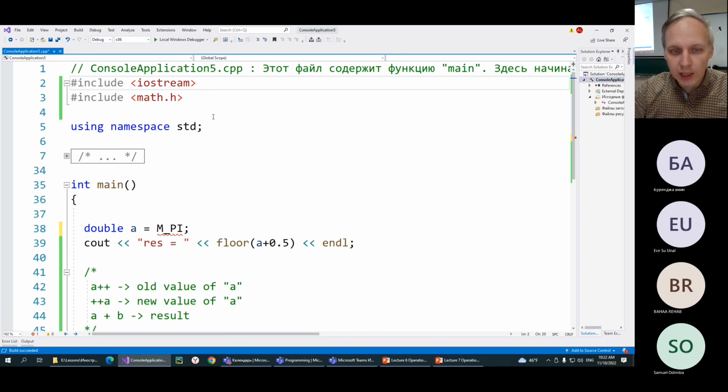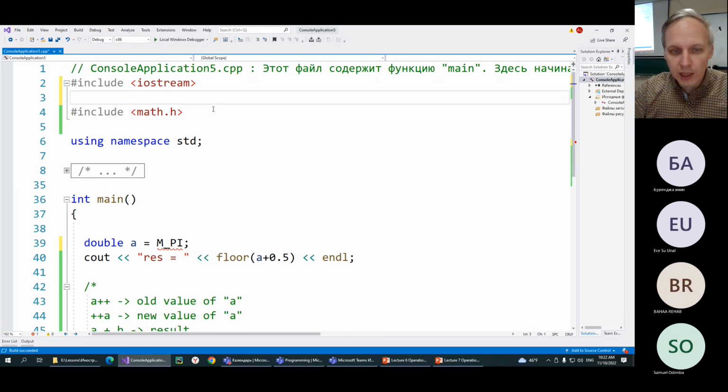To use this constant as the number pi, I should write a magic line, define _USE_MATH_DEFINES. If I write define _USE_MATH_DEFINES before math.h, after that, the constant M_PI will be accessible.